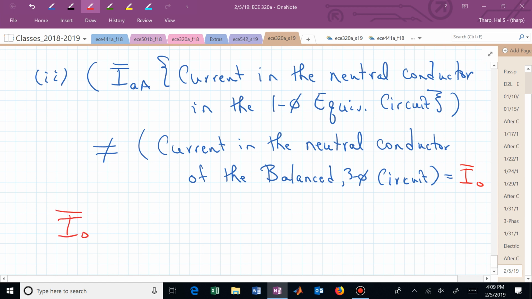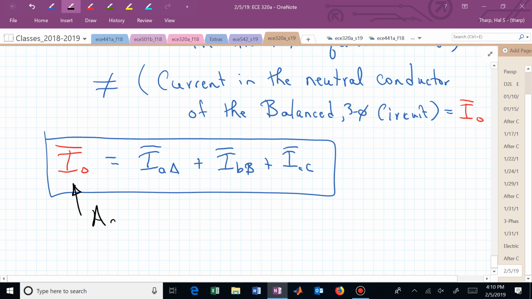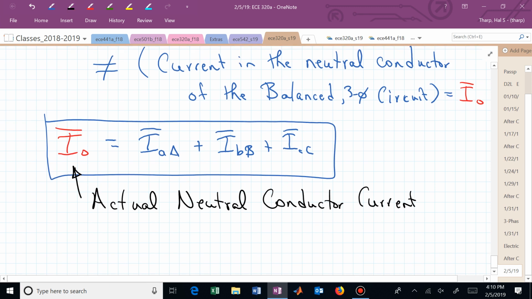I sub 0 is equal to I sub AA plus I sub BB plus I sub CC, and this is the actual neutral conductor current. And that is equal to 0 for our balanced circuit.